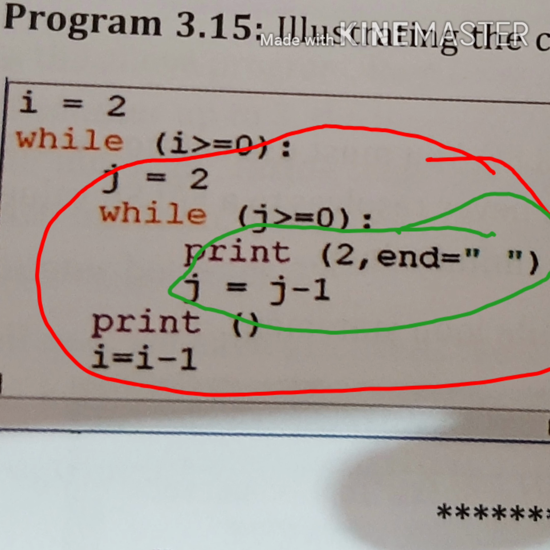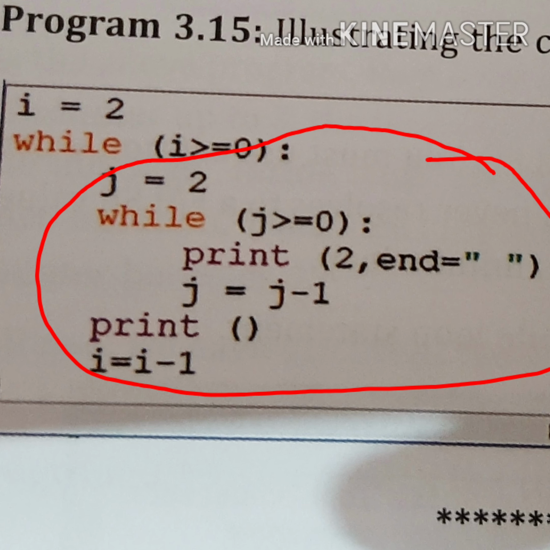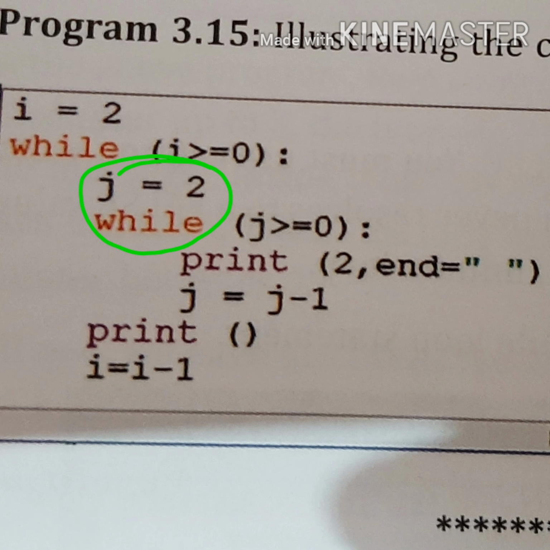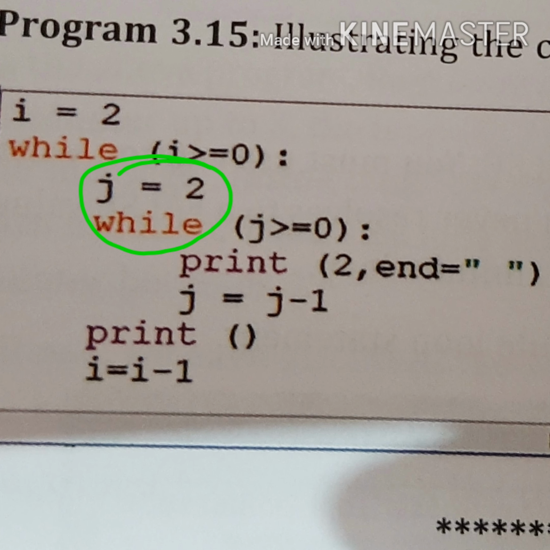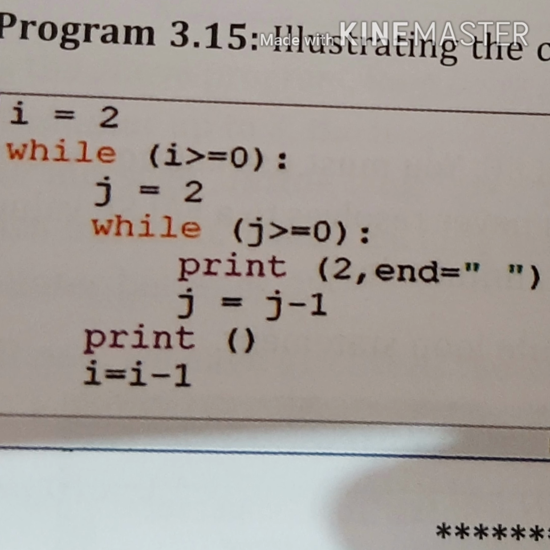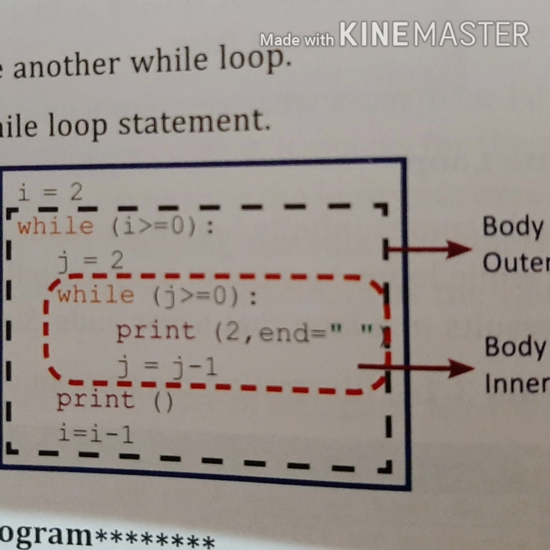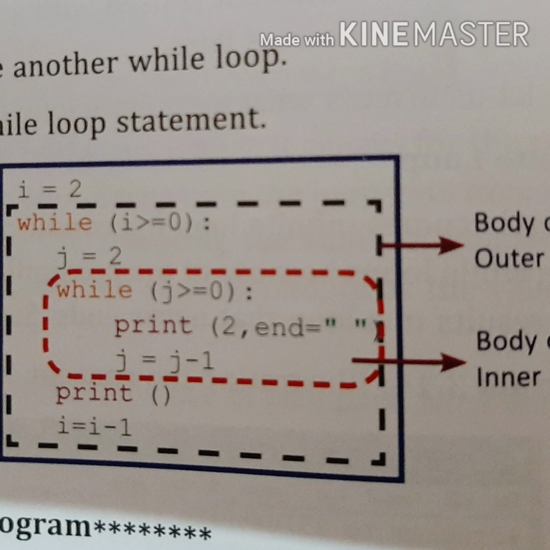It executes the body of the outer while, which contains another while statement, that is, the inner while. j is a loop control variable for the inner loop and is assigned 0 before the inner loop execution. For i equals 0, the inner loop will be executed 3 times. It will print 2, 2, 2, after which the inner loop gets terminated.